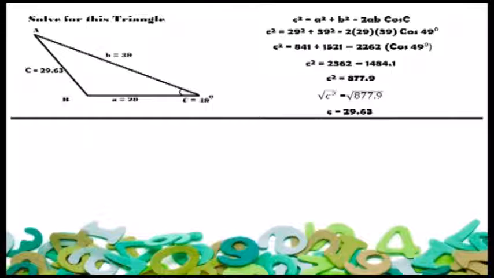Now we are trying to look for angle B. So we will use the formula b squared is equal to a squared plus c squared minus 2ac cosine B. Since we are looking for angle B, we will do some derivation. Transpose c squared to the left side, and its sign will change from positive to negative, same as a squared.